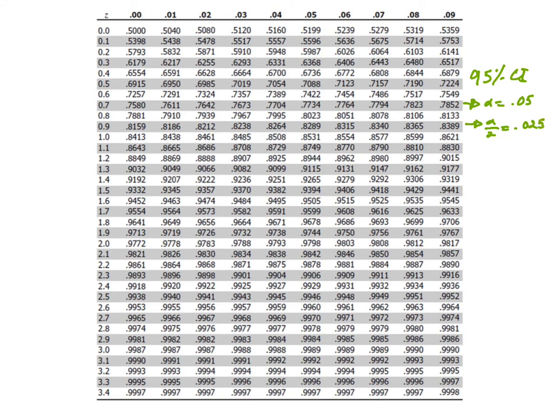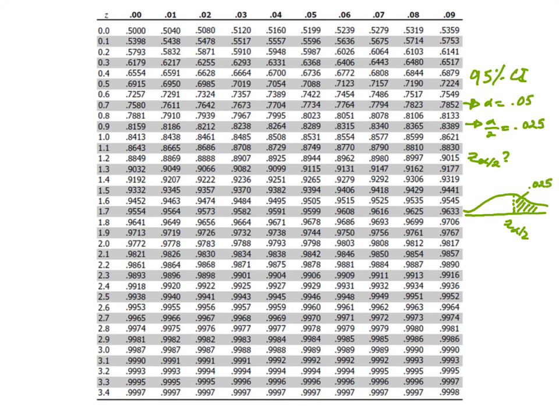The idea is we want to find Z sub alpha over 2 to use in our formula. If you draw the distribution, that means we want to find the value Z sub alpha over 2 such that the shaded area here is 0.025.